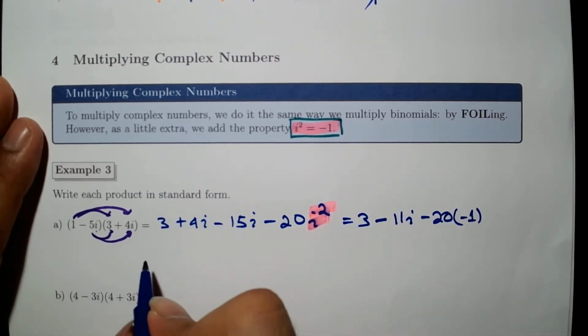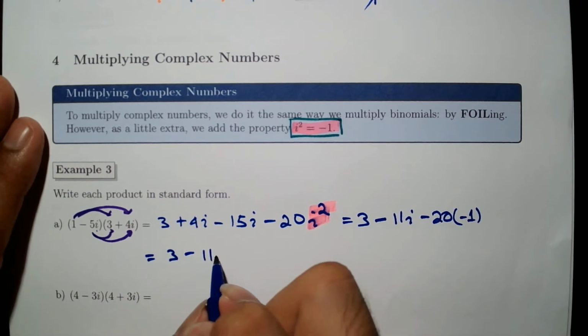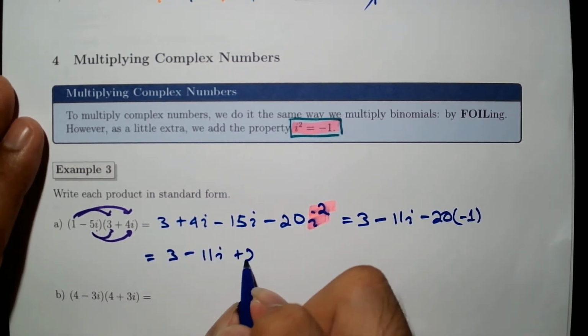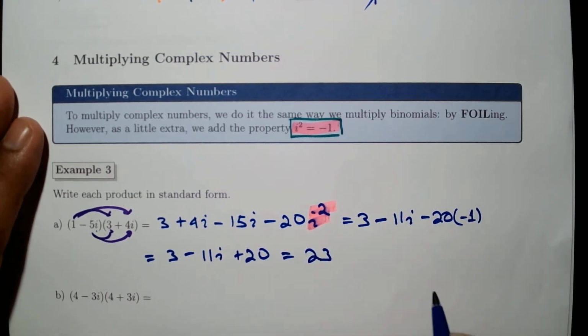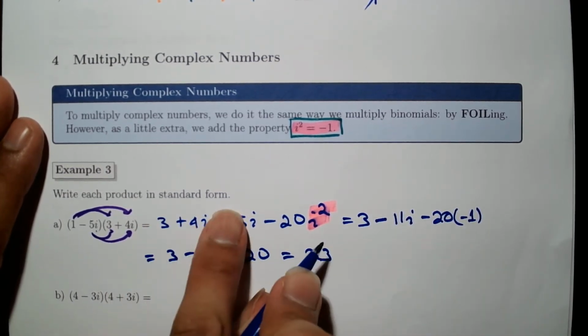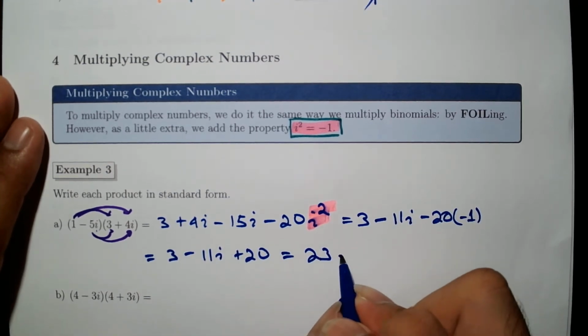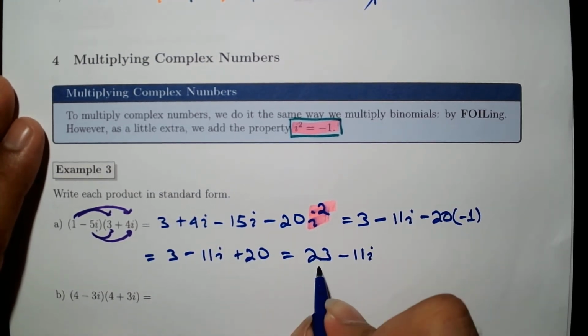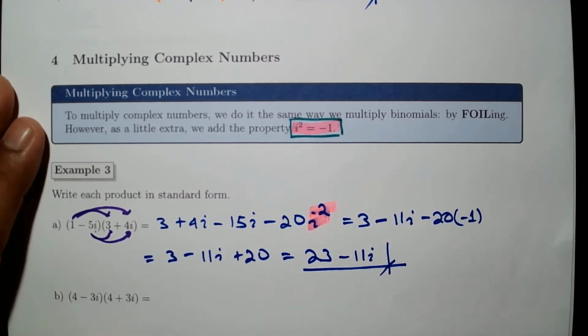Negative times a negative, it's going to be positive, so that's 3 minus 11i plus 20. 20 plus 3, 23. Notice we are expected to write in standard form as defined in the previous page. What is that standard form? The real part first and then the imaginary part. Here we are.